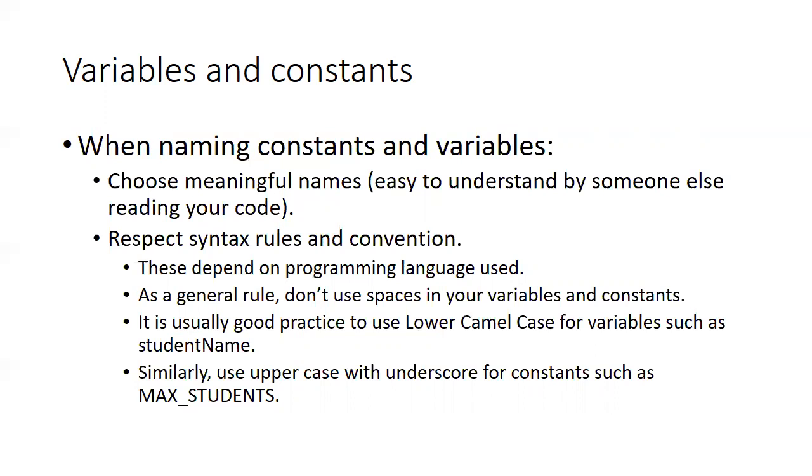Because you might have a program where you have lots of names that you're storing. Maybe you've got the names of teachers, and maybe you've got the names of students, but you want them to be treated differently. So you might use student name and teacher name as different variables. Does that make sense? So that's a big name. We tend to use big names because they're meaningful.